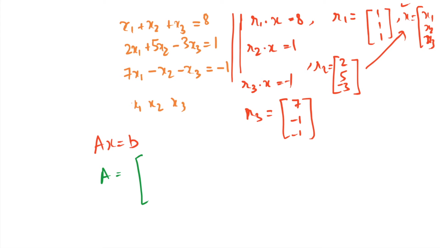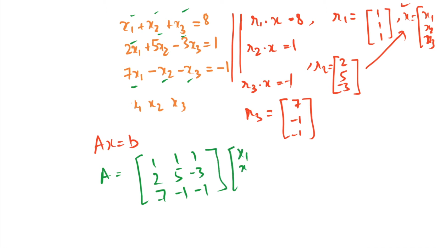So A will be equal to 1 1 1, then 2 5 minus 3, and 7 minus 1 minus 1, times x, which is x1 x2 x3, is equal to the scalars on the RHS, that is 8 1 minus 1.